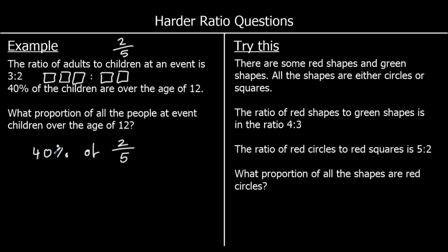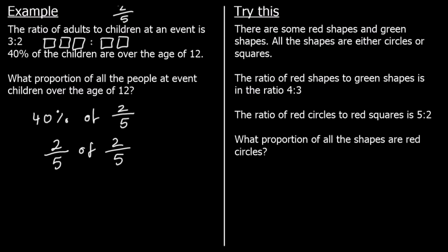So it's 40% of 2/5. 40% is 40 hundredths or 4 tenths or 2/5. So it's 2/5 of 2/5. So 2/5 are children, and 2/5 of those children are over 12.